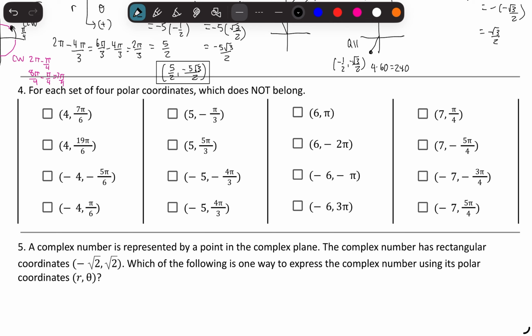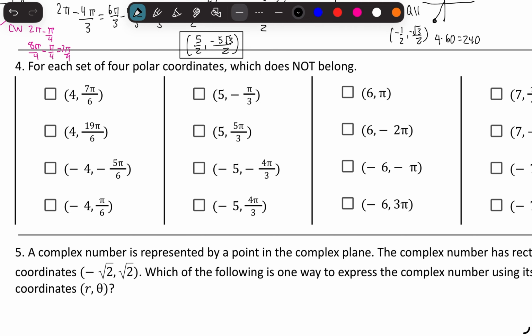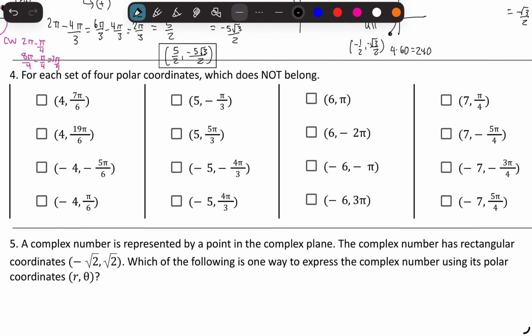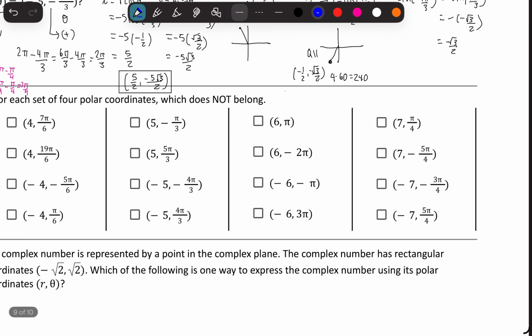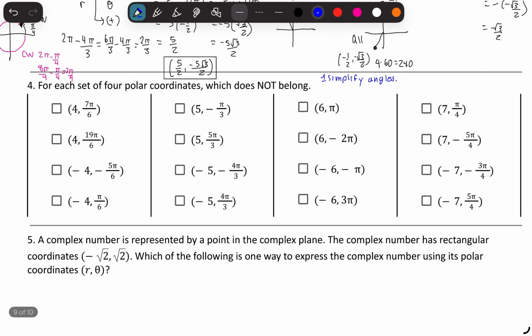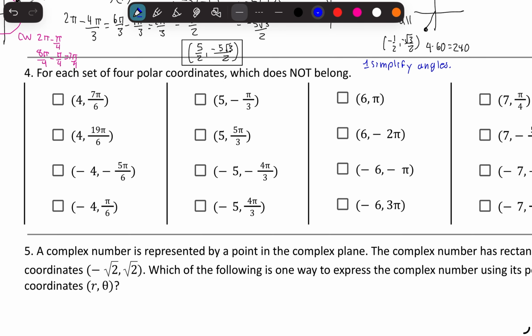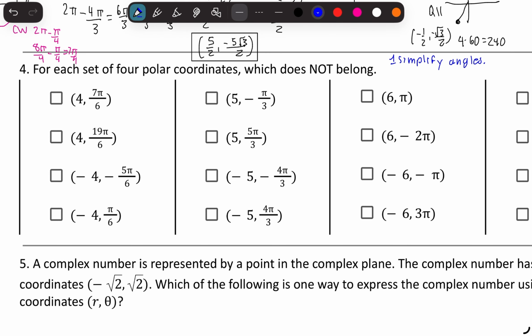For each set of 4 polar coordinates, which does not belong? So what we can do is first we want to simplify angles. So we have, for example, in our first block, 19 pi over 6.